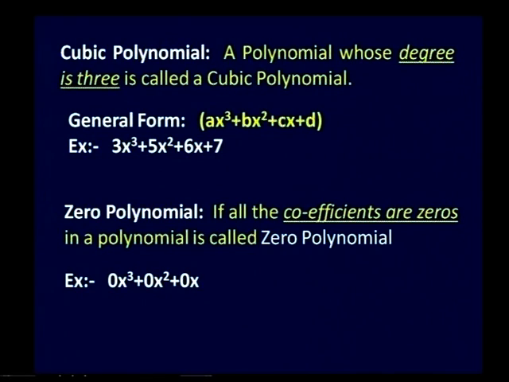For example, 3x cube plus 5x square plus 6x plus 7. In this polynomial the power is 3, so it is called a cubic polynomial.